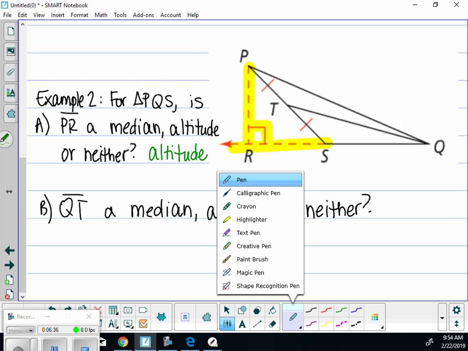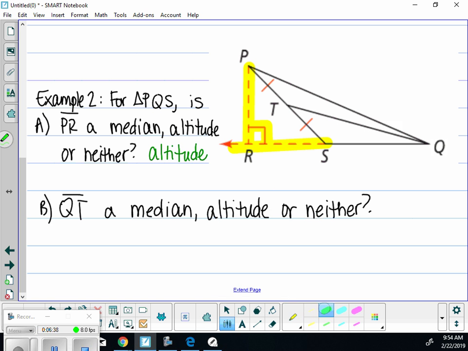QT. QT goes from a vertex to the opposite side.